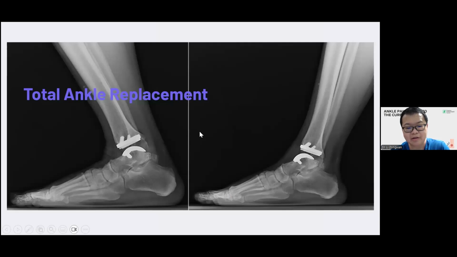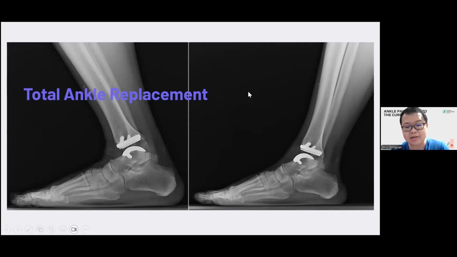All right. So the last option that we're discussing today would be that of a total ankle replacement. Somewhat similar to what you've probably heard of other patients getting total knee replacements or hip replacements. The ankle can similarly be replaced through an incision from the front of the ankle. The bad bone and cartilage is sawed off and removed, and a metal implant is placed into the joint. So this is an alternative to ankle fusion.